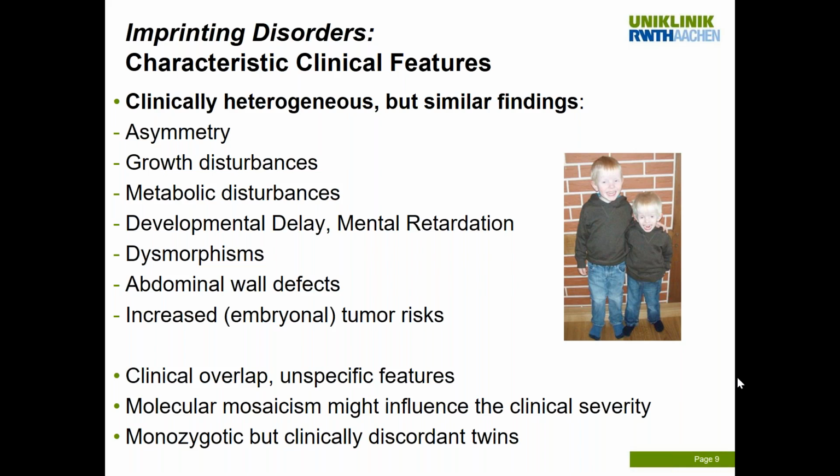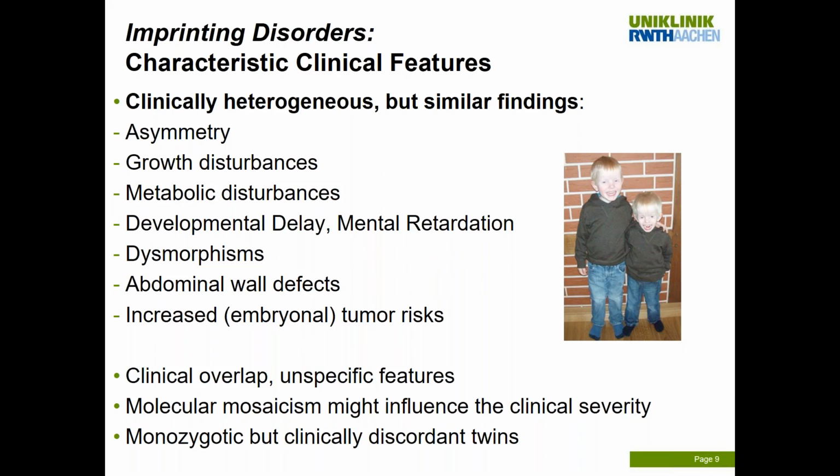Imprinting disorders are generally clinically heterogeneous, but they share several findings. Several of the imprinting disorders are characterized by asymmetry. Several show growth disturbances. In the majority of imprinting disorders, these are growth restriction features, but we can also observe overgrowth, like in Beckwith-Wiedemann syndrome and Kagami-Ogata syndrome.